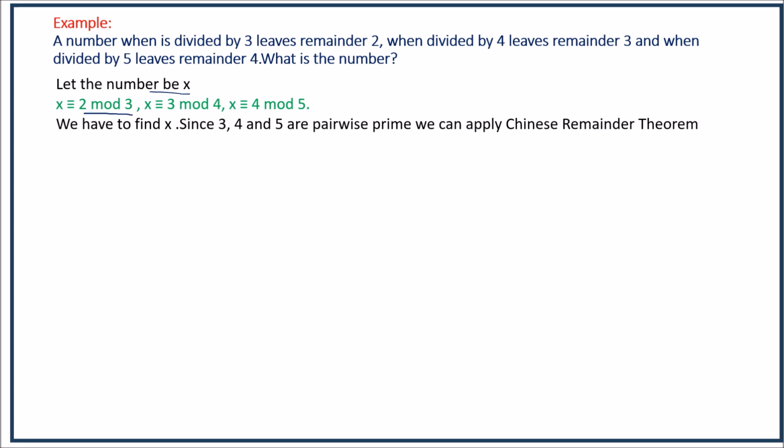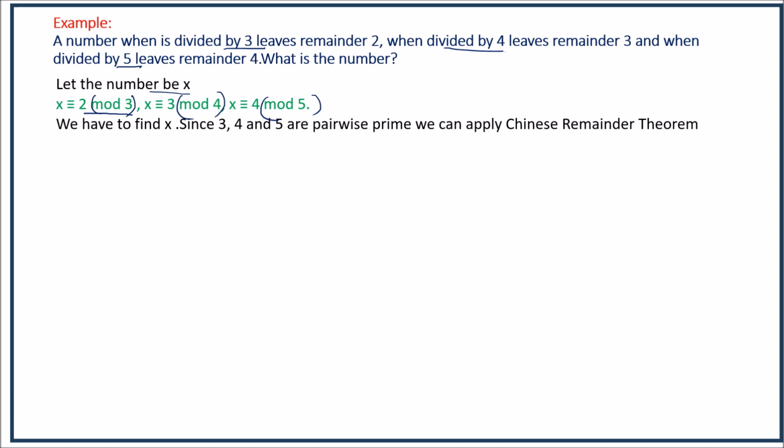That means when it is divided by 3 it leaves remainder 2. Same, when it is divided by 4 it leaves remainder 3, and when divided by 5 it leaves remainder 4. So there are three congruences, not equations. We have to find x.